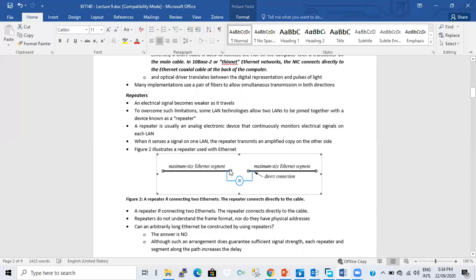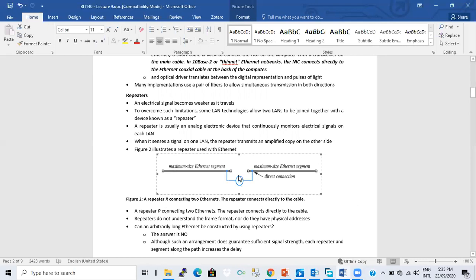You can use a device called a repeater. So basically the repeater will get a signal coming from this wire, amplify it, and send it to the other side. So your network will seem as if it's one. The signal will still be maintained at the strength it was through this repeater. The repeater will basically just get what is on this side, amplify it, and send it on the other side.